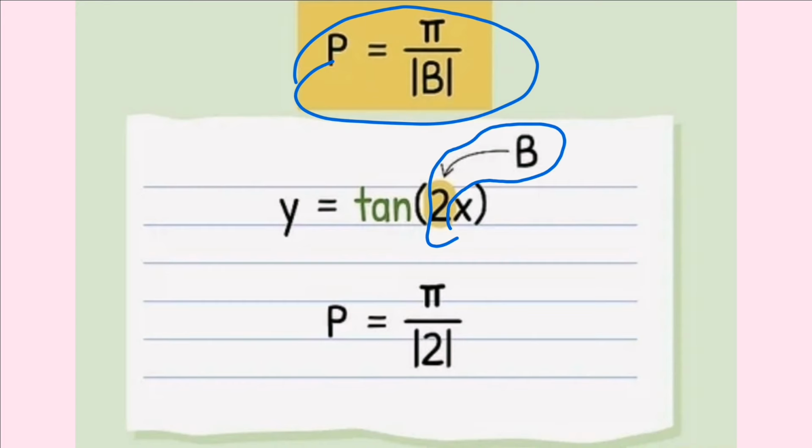Now p is equal to pi divided by the value of b. By simplification, the period will be equal to pi divided by 2. So the period of tan(2x) is equal to pi divided by 2.